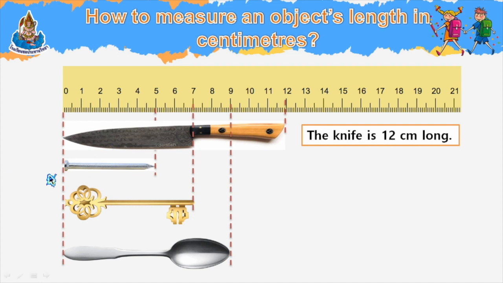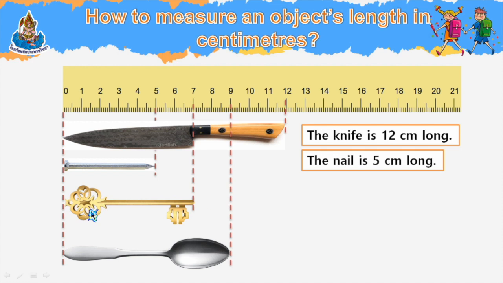Starting from 0 again to there, what's the measurement of this nail? It's 5, right? So we can say the nail is 5 centimeters long.